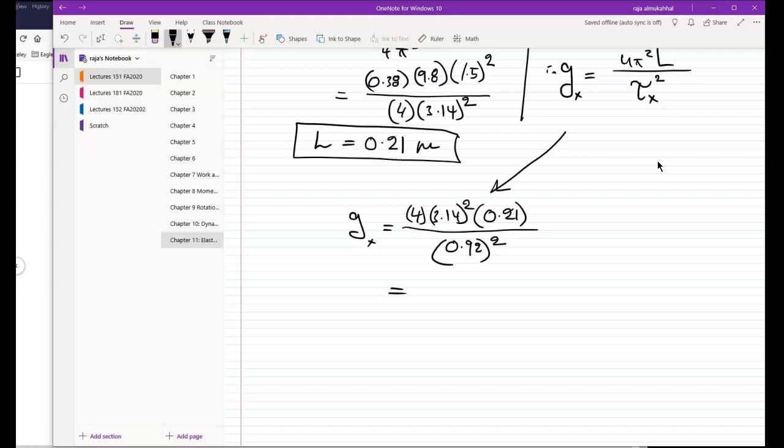So I have 0.21 divided by 0.92 squared equals 9.8 meters per second squared. So what is that planet? On Earth. So he's on Earth. The astronaut didn't know that. Got it? Simple? Okay.